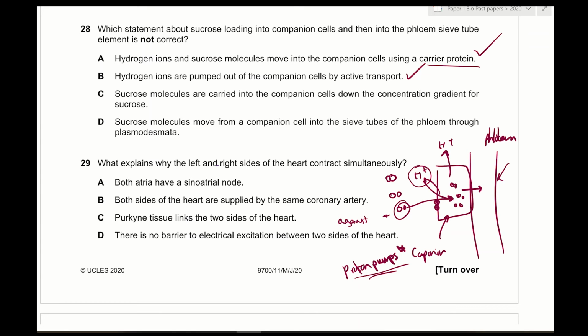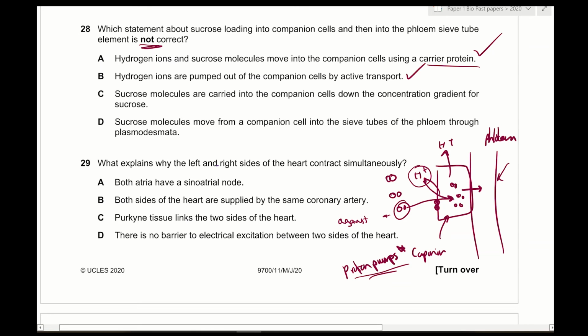And by the way, here the question is asking about which one is not correct. C. Sucrose molecules are carried into the companion cells down the concentration gradient for sucrose. So, sucrose molecules are actually carried against the concentration gradient.